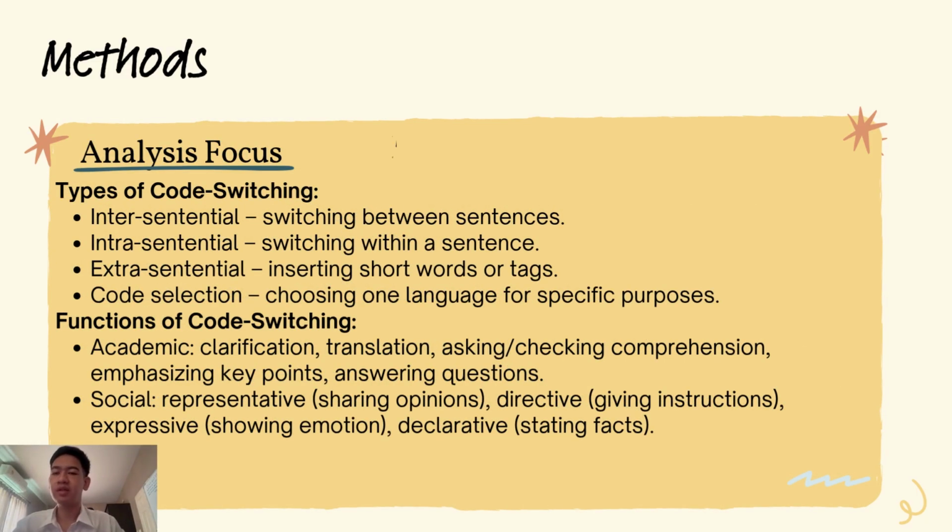For analysis, researchers looked at four types of code switching: inter-sentential, switching between sentences; intra-sentential, switching within a sentence; extra-sentential, inserting a small word or text; and code selection, choosing one language for a specific purpose. They also divided functions into two groups, social function and academic function.